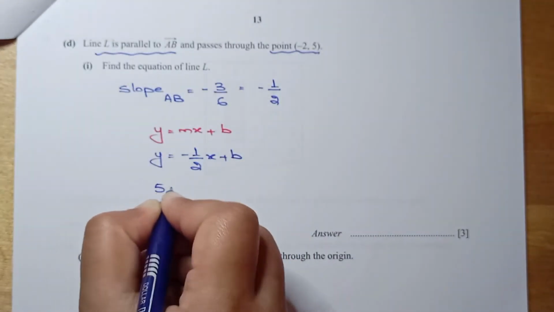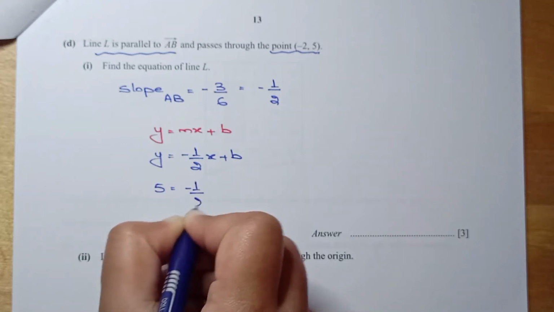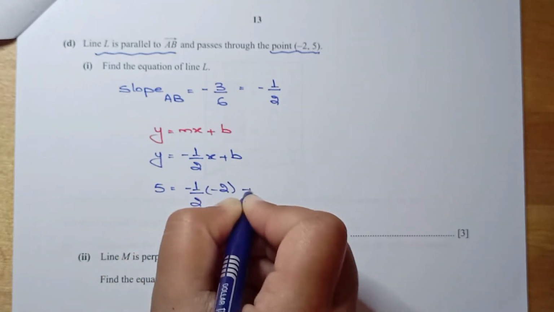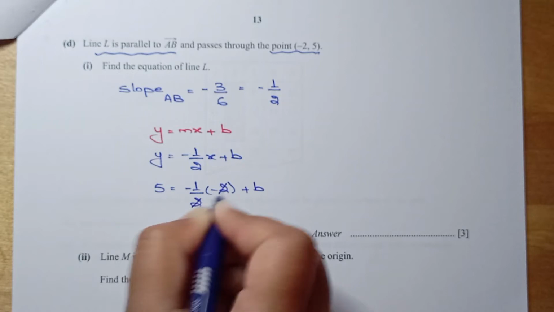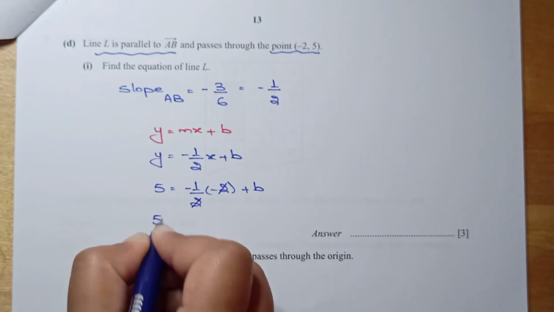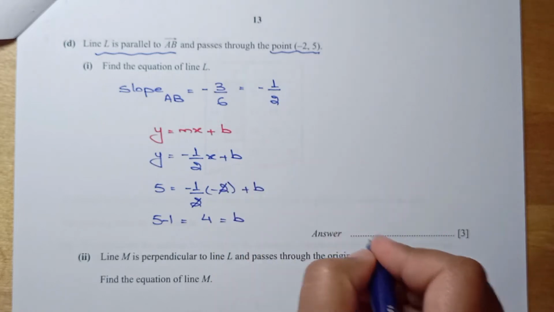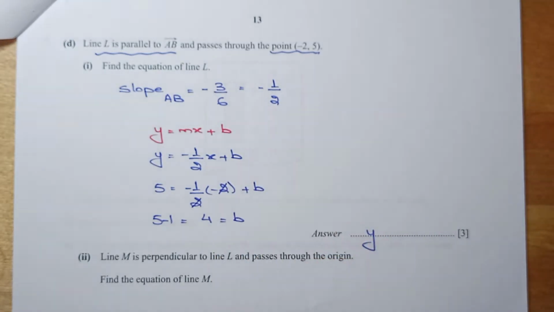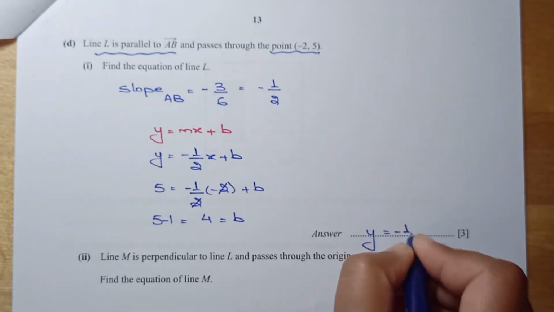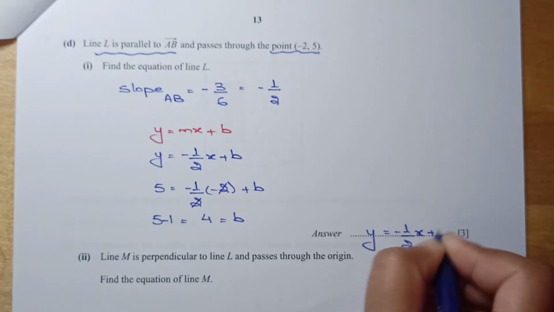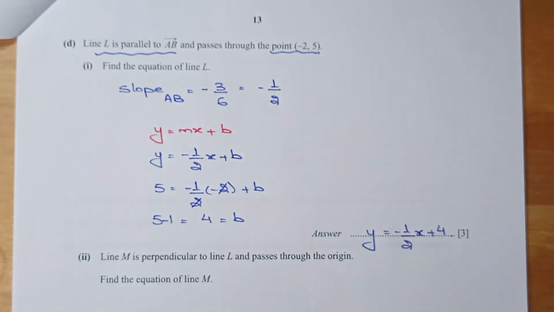So 5 is equal to -1/2 times -2, plus b. The 2 cancels with the 2, so it would be plus 1. So 5 minus 1, this would be equal to 4, which is b. So we have the line y equals -1/2 x plus 4. This is the equation of line L.